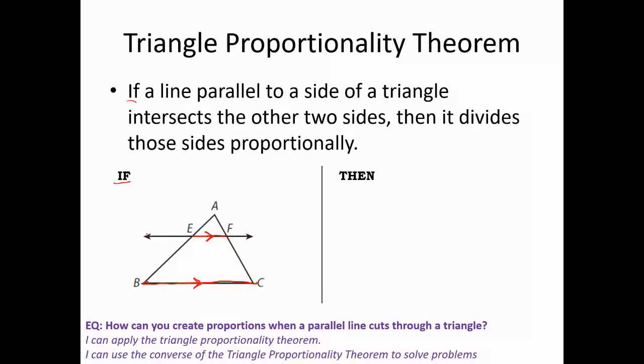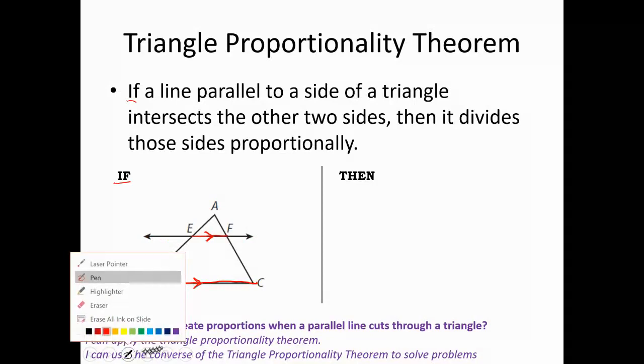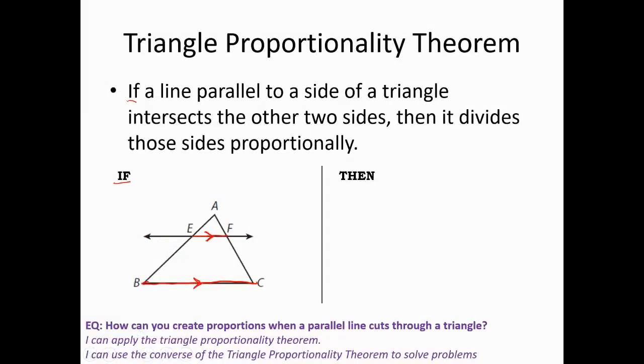So this line that cuts through can be anywhere. Basically it says if there's a line that is parallel to the base of the triangle and cuts through somewhere in the triangle, then, here's what the then part says, then it divides those sides proportionally. So what I mean is, if this happens, then I know that this part of that triangle divided by this part, so I'm going to say that here, AE divided by EB is going to be proportional.